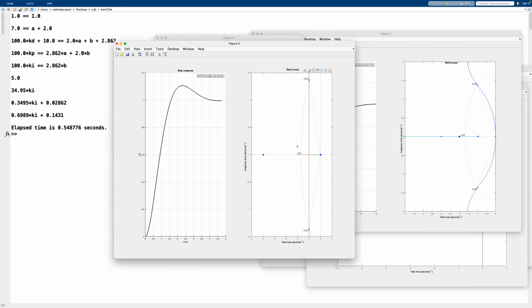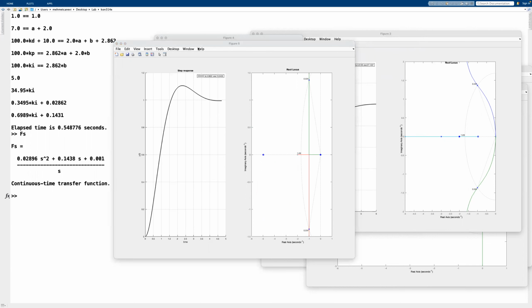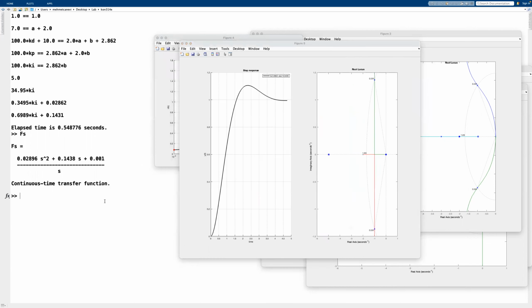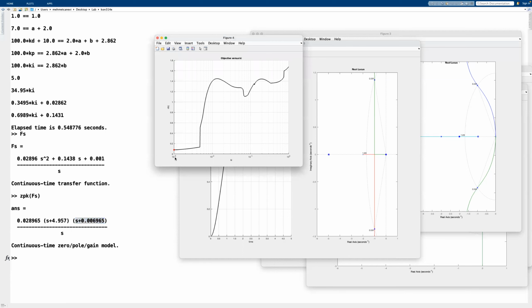So that is interesting to note because if you look at the controller, the resulting controller looks like this. And you can see that this is almost at the origin. The more I increase this lower bound of my KI VEC, the more this will tend to the origin.